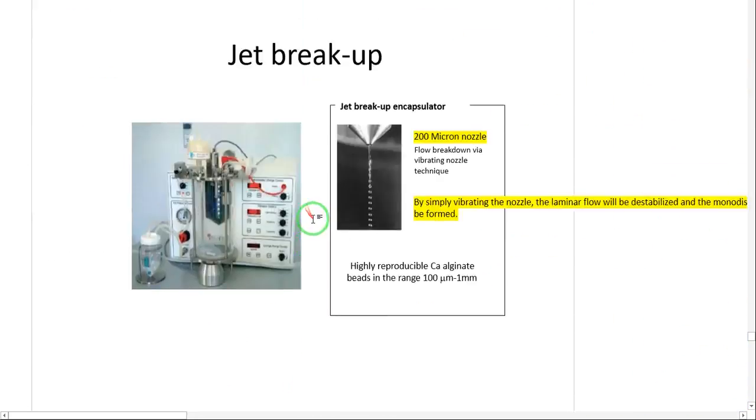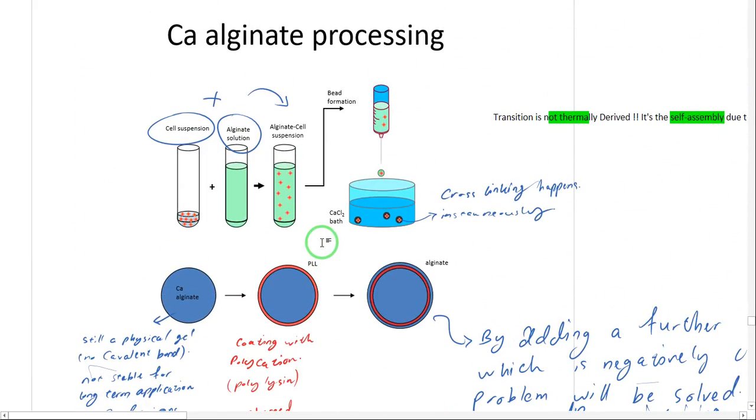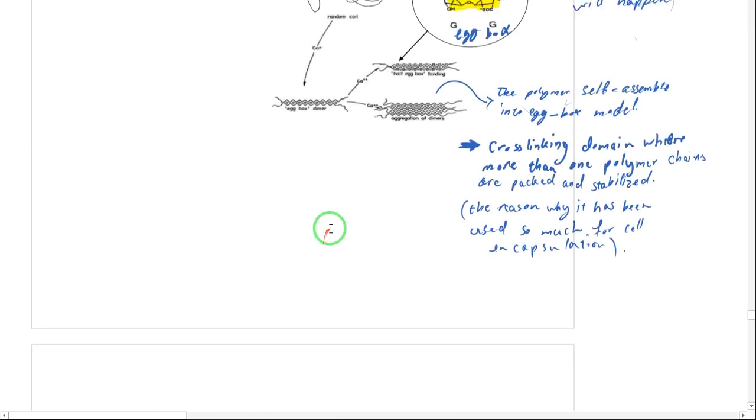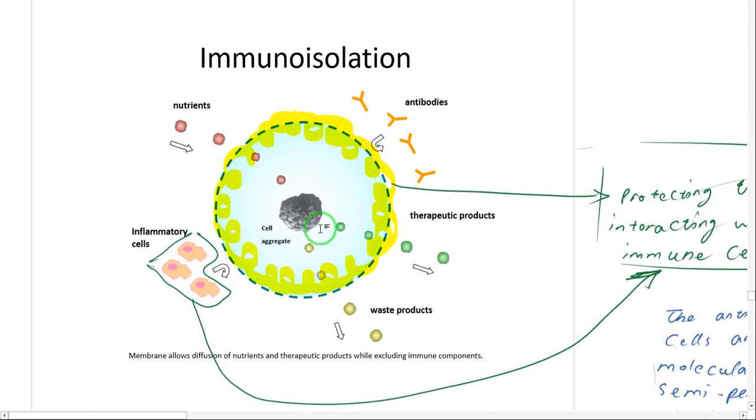Now let's go to another drawback of the encapsulation of the cells. If you remember, we told you that we need a semi-permeable matrix for the exchange of the nutrients and the products, therapeutic products and the waste products and so on.